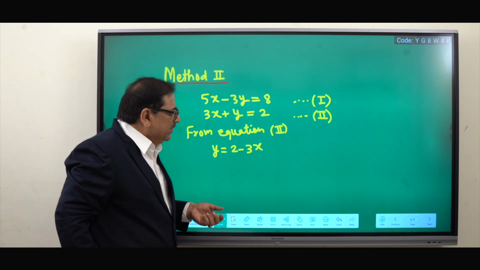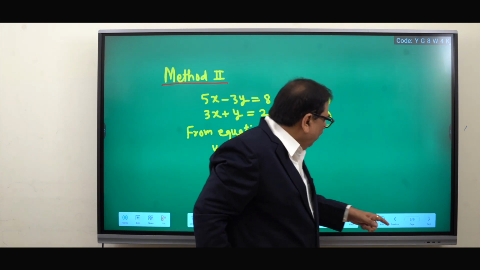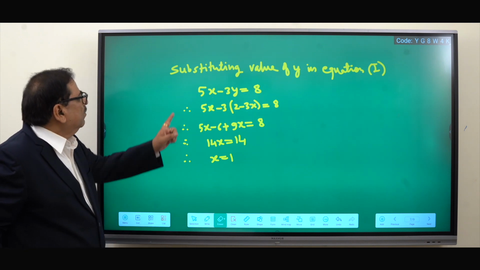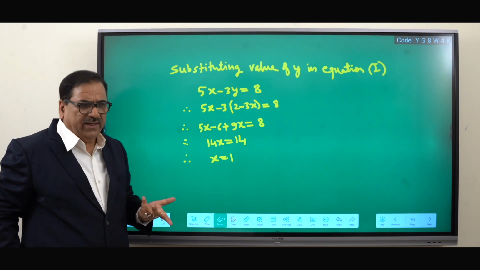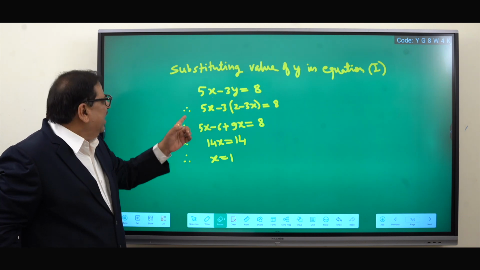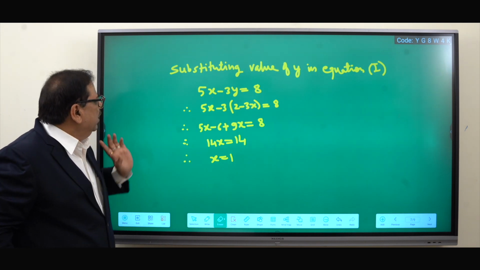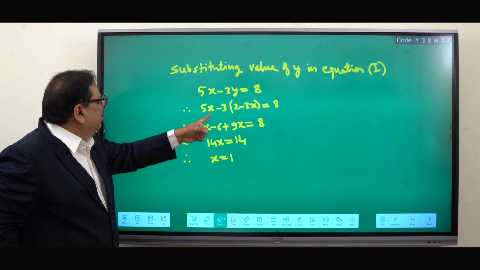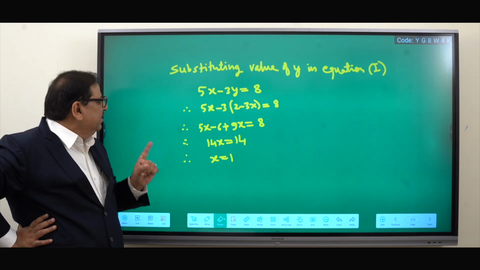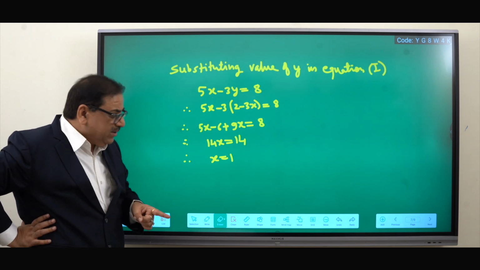And we will substitute this value of y in equation 1. 5x minus 3y is equal to 8 is the equation. So the value of y is now 2 minus 3x. If we solve this equation, 5x minus 3 into 2 is minus 6, minus 3 into minus 3x.